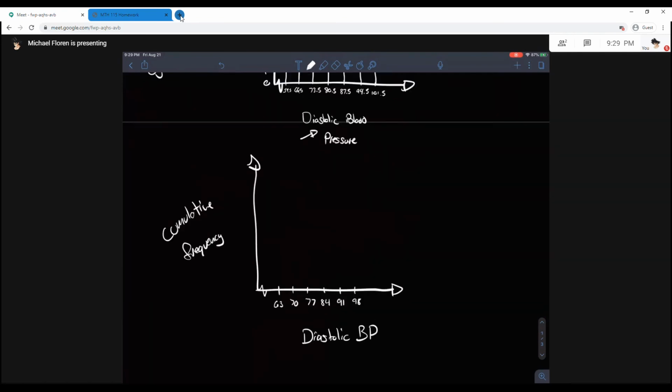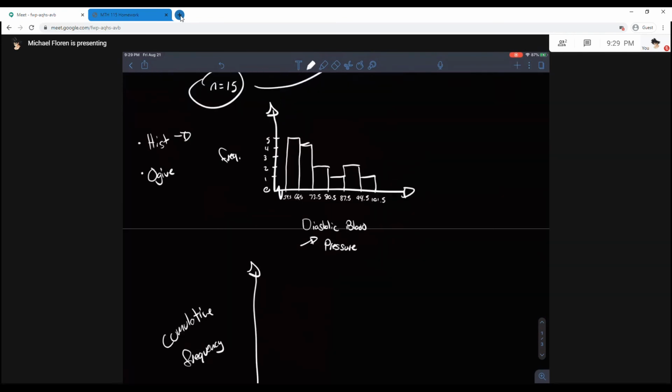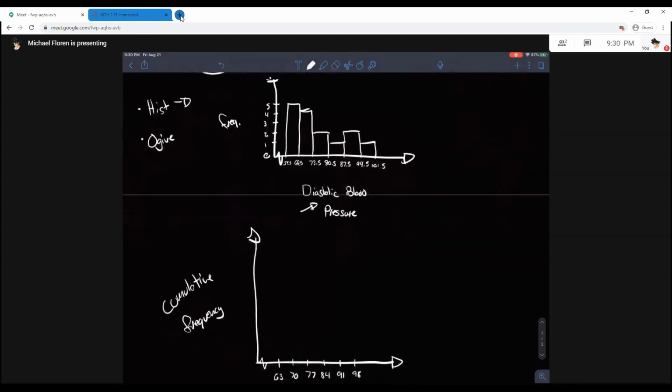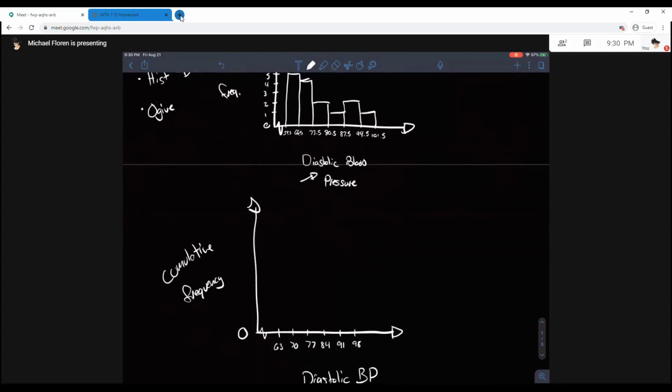And then on my cumulative frequency, in my regular frequency I just had a height from 1 to 5, but in my cumulative frequency, now I'm starting at 5 and going all the way up to 15. So again, I'm going to keep my axis at 0 so that I can stay centered at 0 and I don't have to worry about my units shifting.